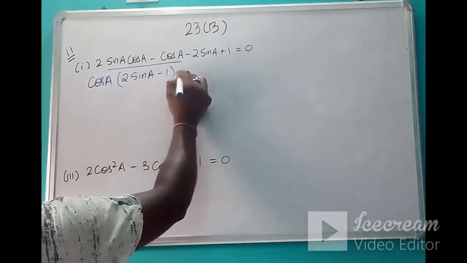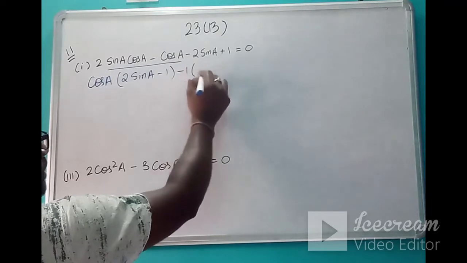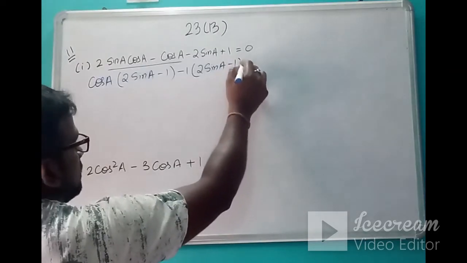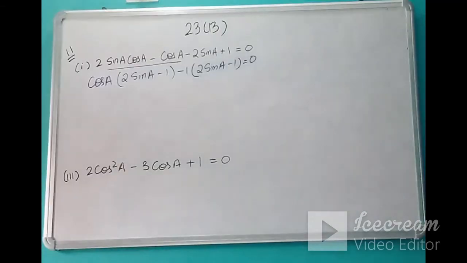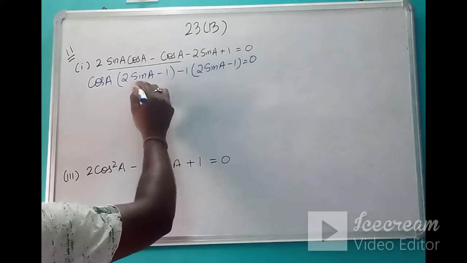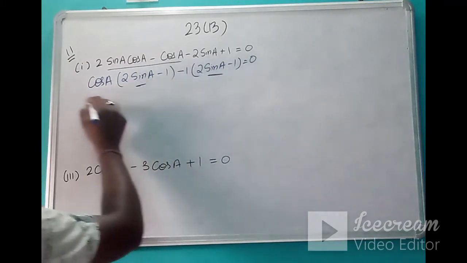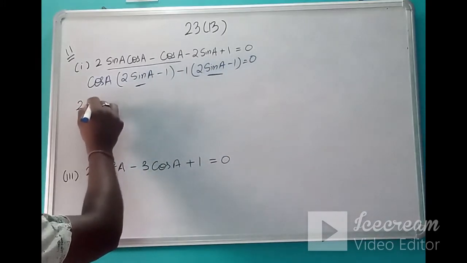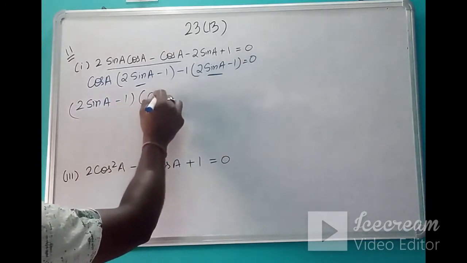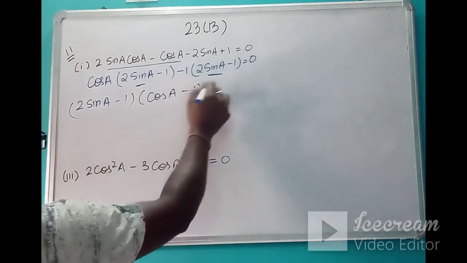And in this I will take minus 1 as common. So you will get 2 sin a minus 1 is equal to 0. Factorization that we have done in the previous class. So now this term is common, so I will take this term out: 2 sin a minus 1, and it is cos a minus 1 is equal to 0.